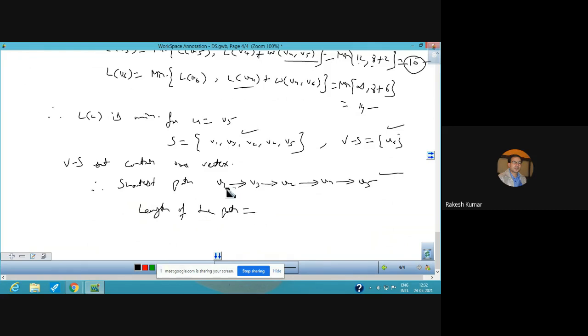You just check the graph. From V1 to V3, the weight is 2, and V3 to V2, the weight is 1. V2 to V4, the weight is 5, and V4 to V5, the weight is 2, and last V5 to V6 directly, the weight is 3. So the total length of the shortest path comes out to be 30.